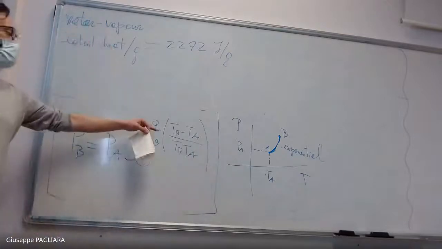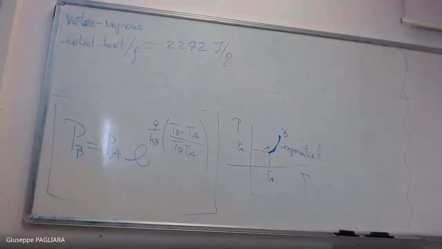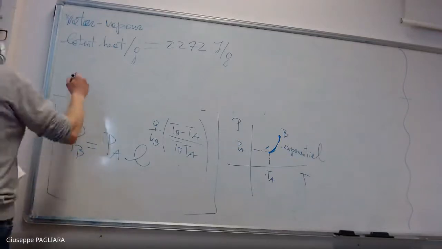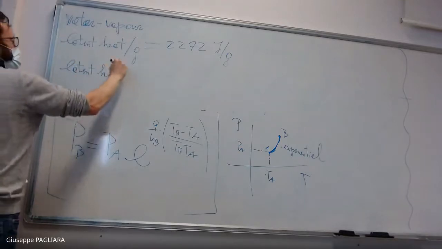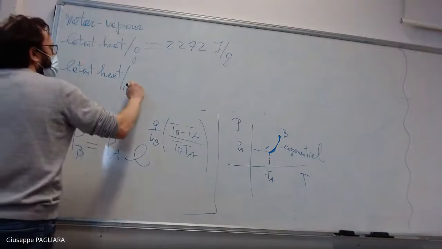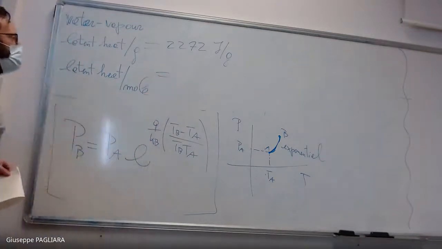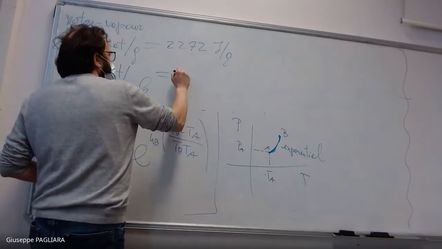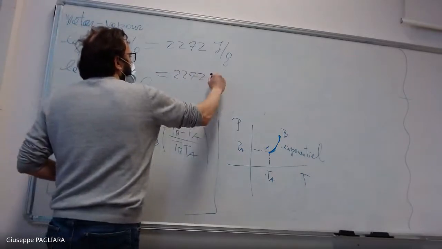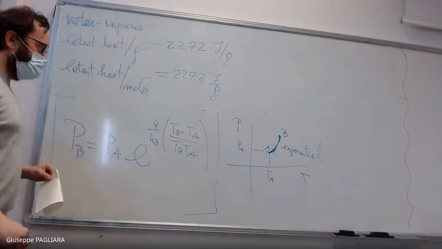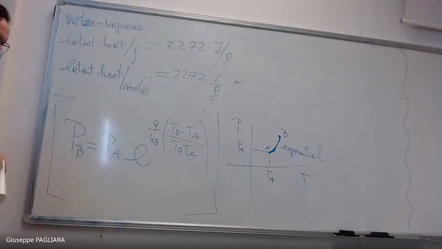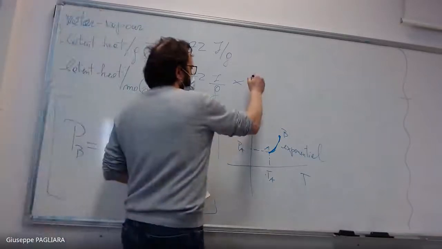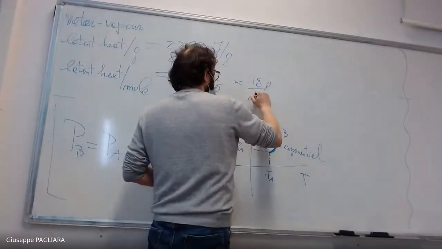But in here we have latent heat per particle, so we have to do a small modification of this. So the latent heat per mole should be equal to this number here, 2272 joule per gram, times this, H2O is more or less 18 grams per mole.